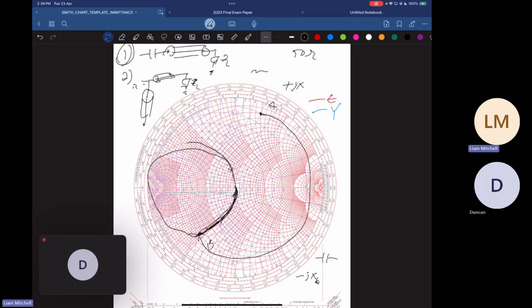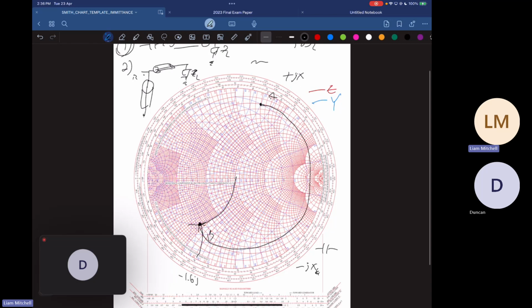And the way you find this length, you can see here, I'm just going to delete this and make it more neat. You go down here, you can see that this point is roughly minus 1.6j. You want to add a stub which has an admittance of plus 1.6j. So if you're trying to have a shorter stub, you go from short circuit, which is here. I'm just using the blue color to make it easier to see.